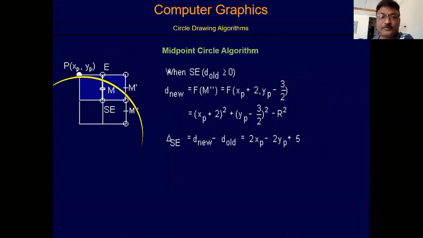I have already proceeded xp plus 2, because here we had xp plus 1, then xp plus 2. So for this M dash, the x coordinate is xp plus 2. Now, what is the y coordinate? Here yp, then 1 plus 1 by 2.